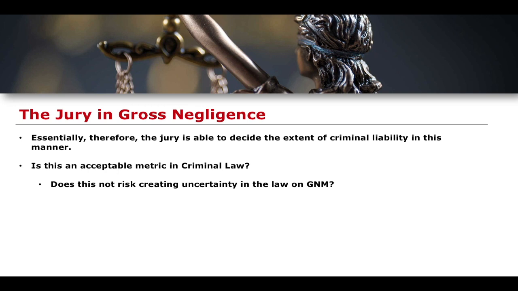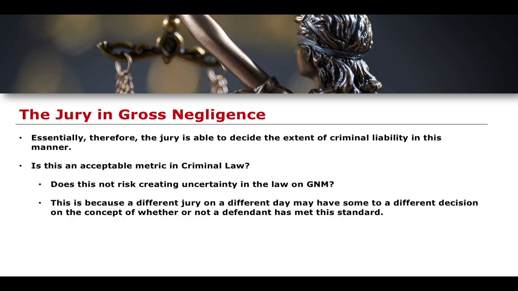If it is up to a jury to decide the extent of criminal liability, then an individual jury in any different case may come up with a number of different answers depending on the metrics that they are examining.